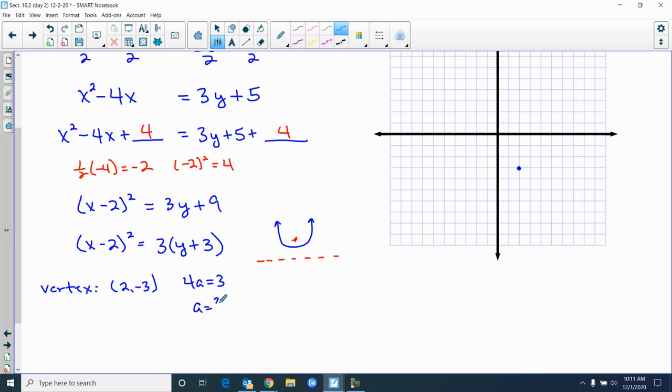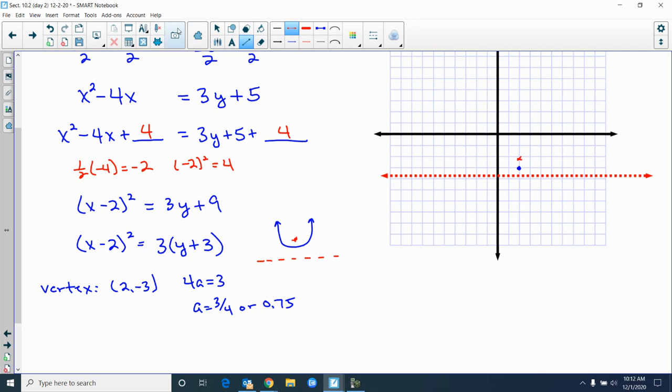That means a equals 3/4 or 0.75, whichever one's easier for you to deal with. You're not always going to get nice numbers with these. So that means I need to move up 3/4. I don't have a lot of room. So I go up 3/4 and then I go back 3/4 to get the directrix.